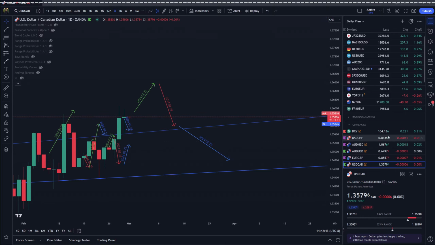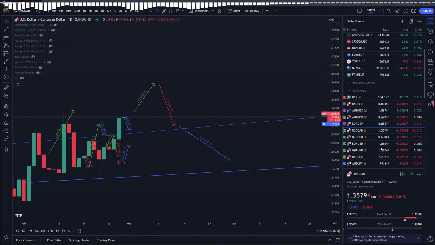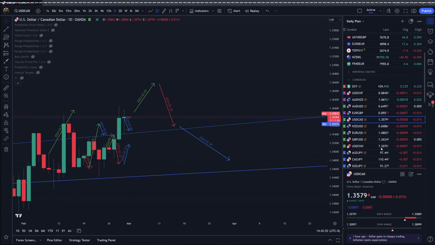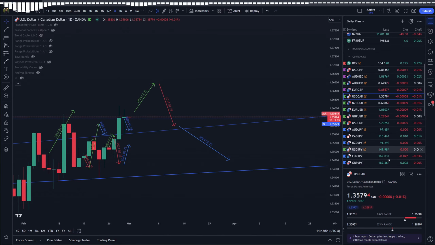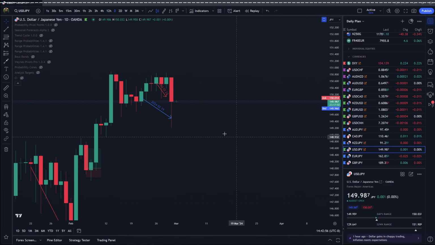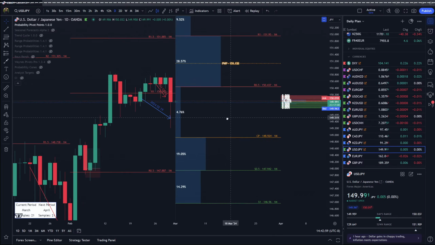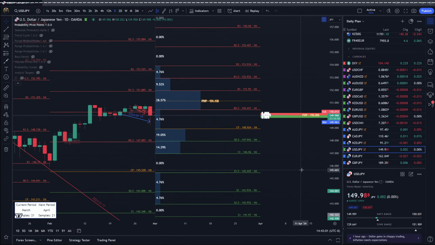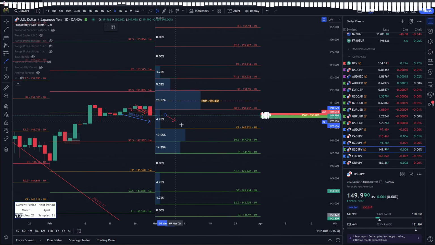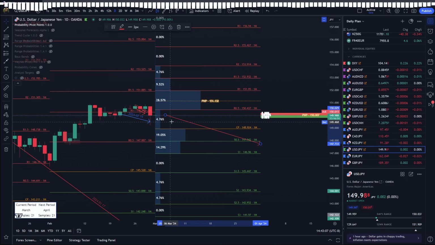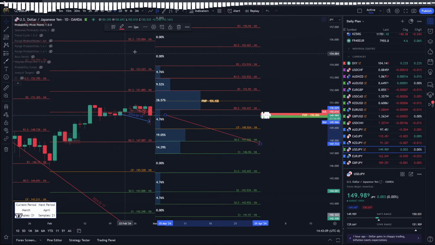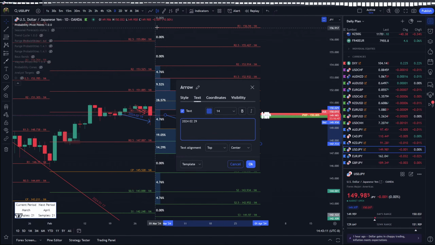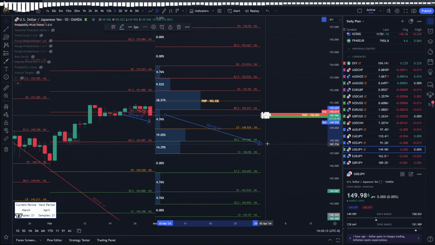Okay. Let's go ahead and check out, I think it's dollar yen. Check out the dollar yen. Wow. Probably is, I'm just straight up bullish on the yen, so I'm just gonna right off the bat set expectation down here.